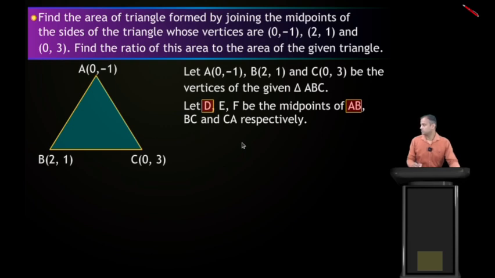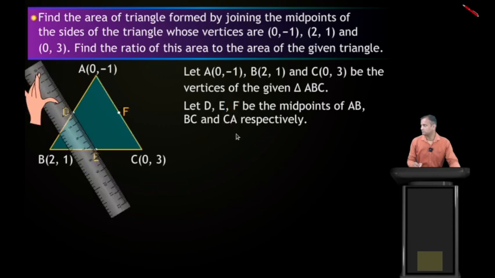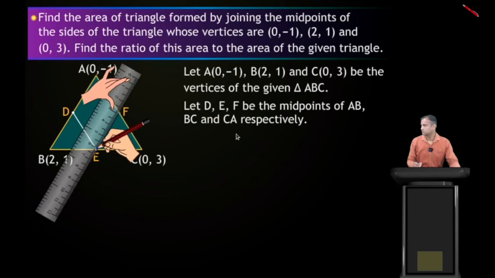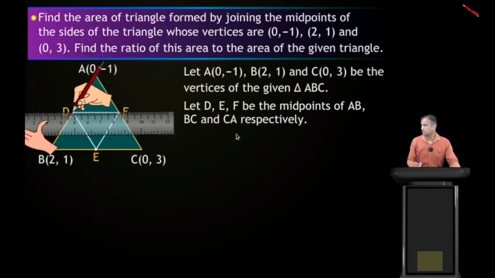D is the midpoint of A and B. E is the midpoint of B and C. And F is the midpoint of C and A. If you connect D, E, F, then you will get the triangle DEF.